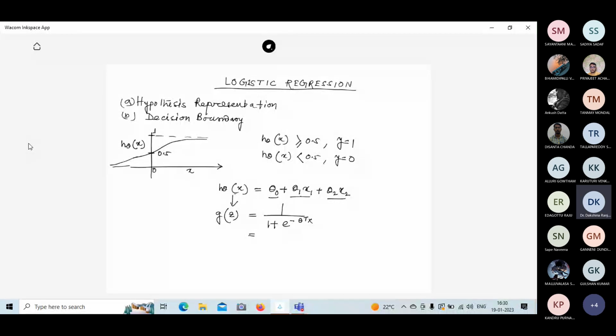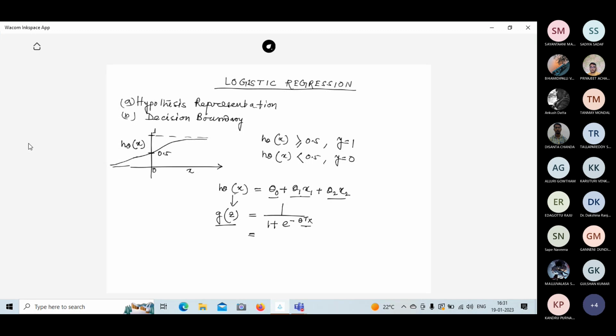We can get many more hypothesis representations for different distributions of data on the XY plane. Okay. So we get this entire hypothesis representation into this logistic function or sigmoid function, which is 1 upon 1 plus e to the power minus theta transpose x. And after fitting this data, we will see that this function behaves like a nonlinear function. Okay. So this g of z is a nonlinear function, but the hypothesis representation is found to be linear.